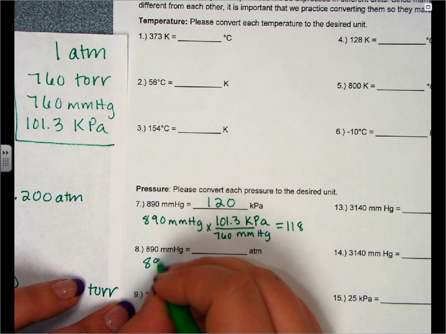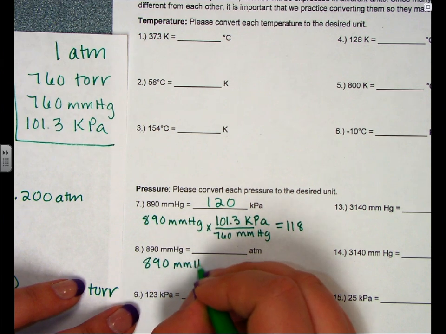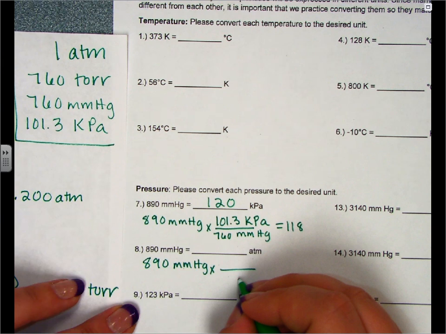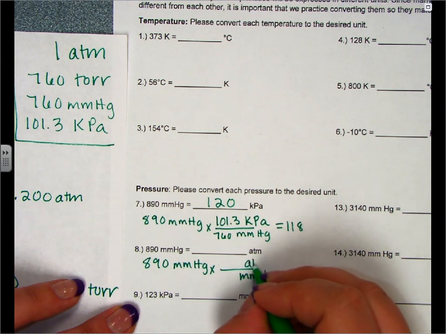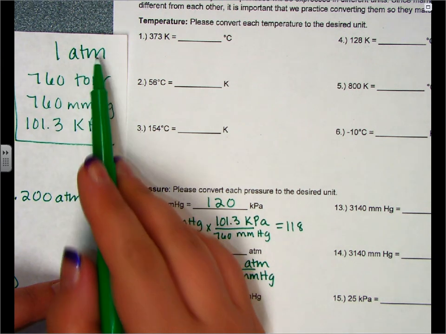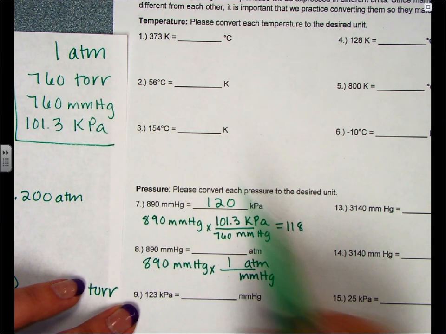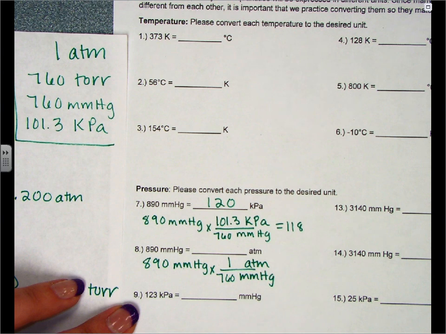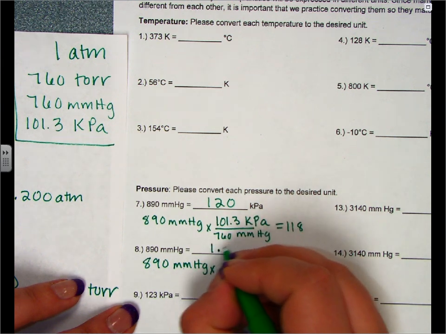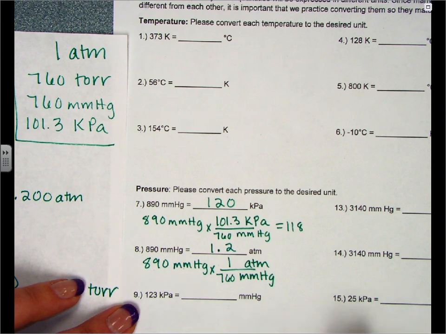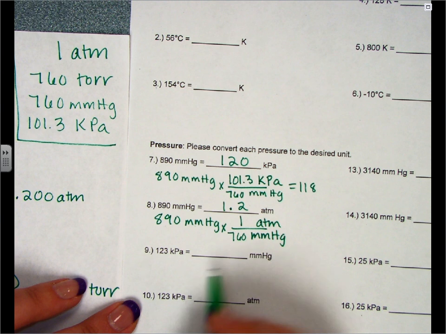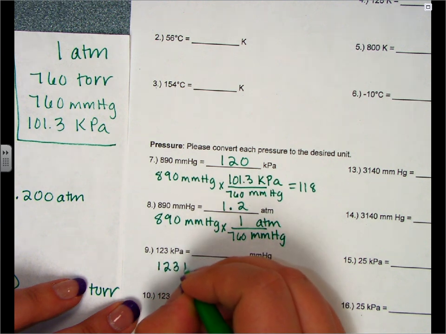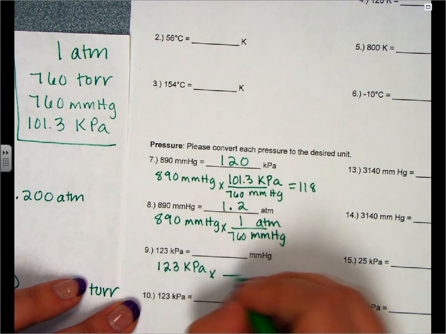The next one, 890 mmHg. That goes on the bottom because it's what I'm trying to get rid of. Trying to find ATM. ATM has a 1. mmHg is 760. So 890 divided by 760 gets you 1.2 ATM. Number 9, 123 kPa. kPa goes on the bottom.